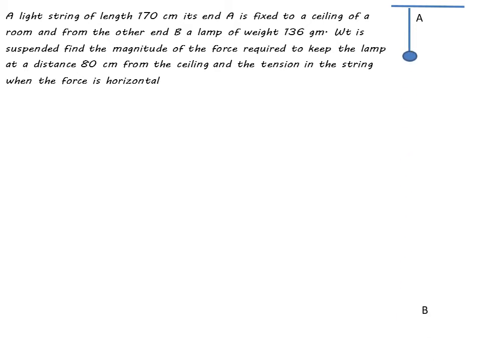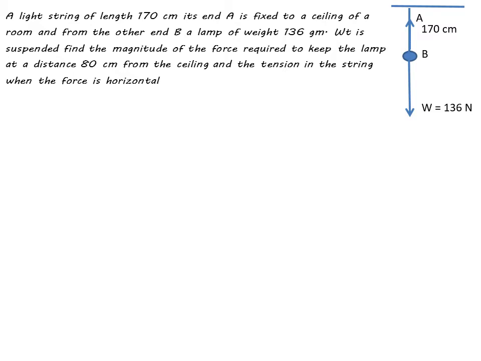Here we have the length of the string equal 170, and at the end of this string there is a lamp of weight 136 Newton or gram weight. This lamp has a weight, and of course the other force will be the tension in the string.